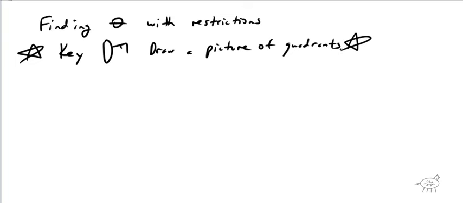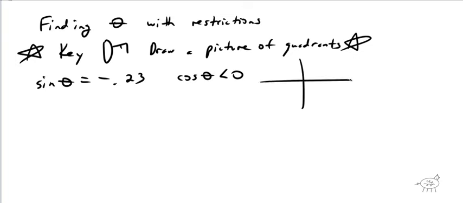Okay, so my first example is going to be sine of theta is equal to negative 0.23, and I'm going to tell you, hey, cosine of theta is less than 0. So that's a restriction. So I need to draw a picture of where I'm at. Well, first of all, where is sine negative? Using all students take calculus, sine is negative here and here.